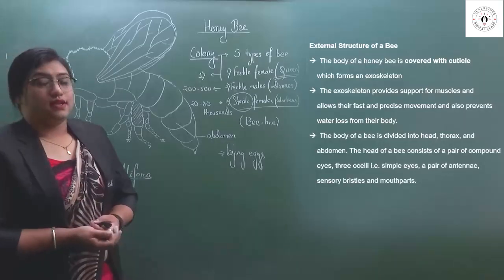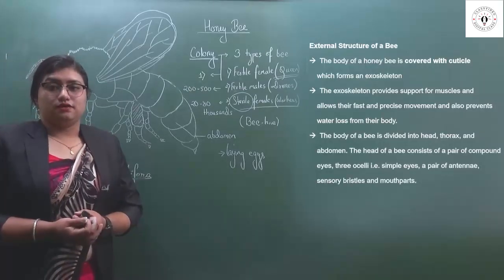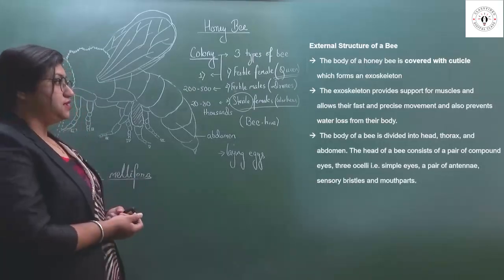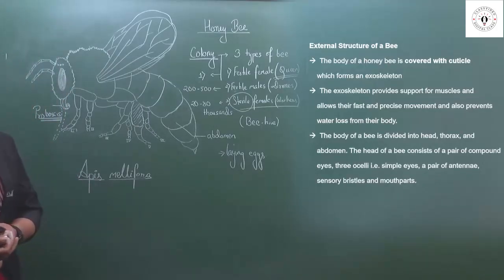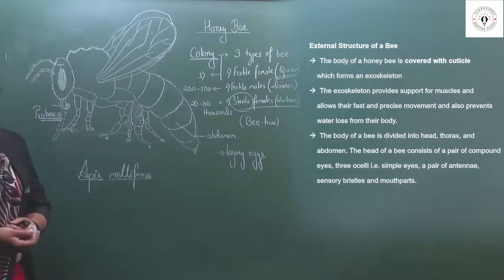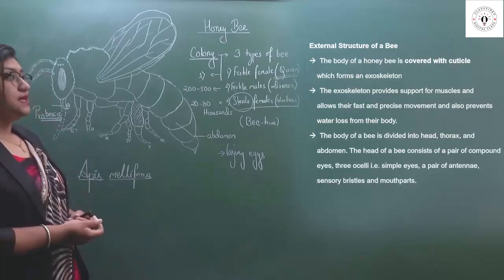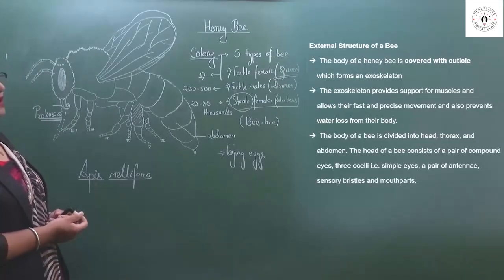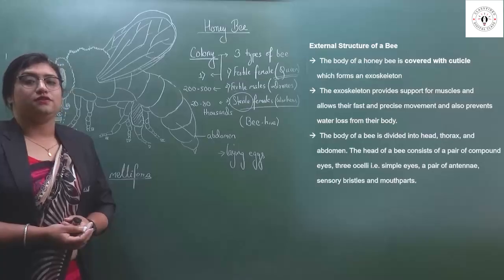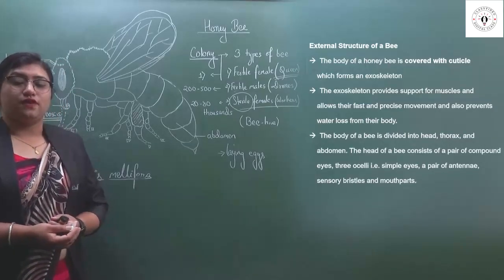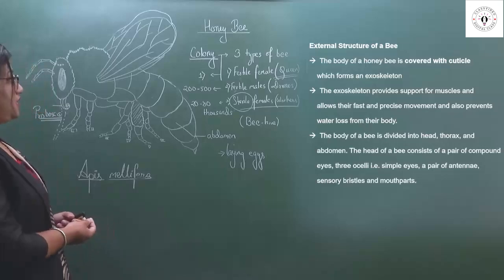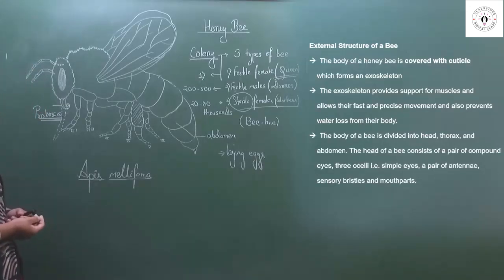That exoskeleton provides quite good support for the muscles, and that helps the honeybee to have precise, strong and very fast movement. It will help in the movement or easy flying of the honeybee whenever they go around foraging for food. Next, it also prevents water loss from their body.